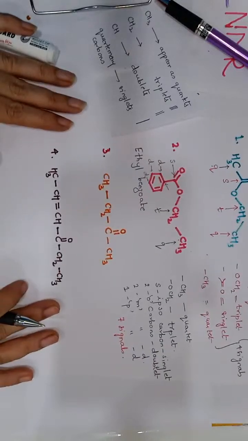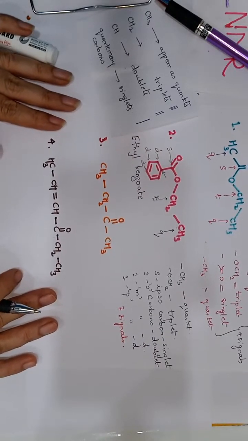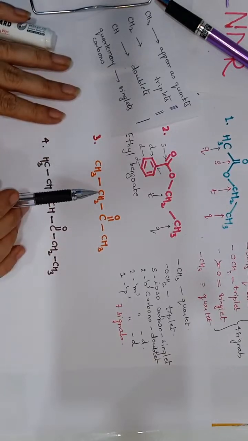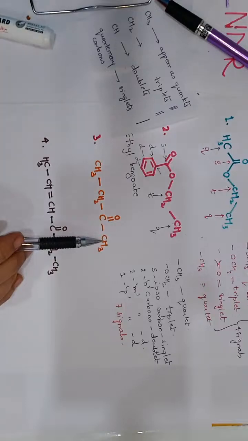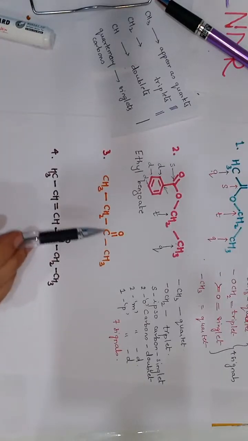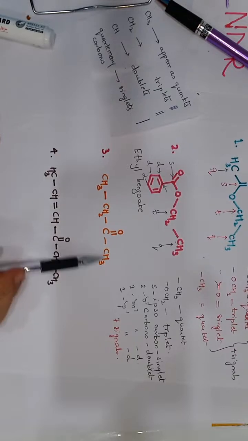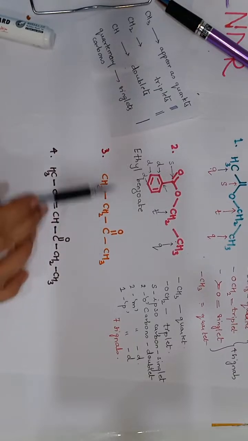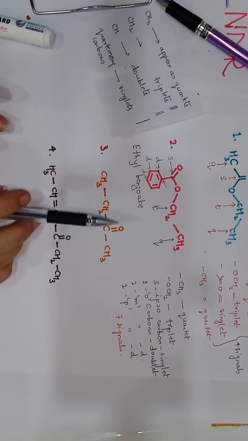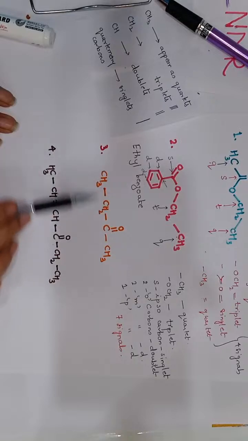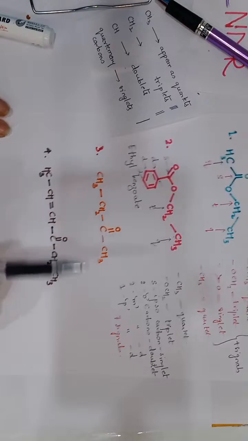Let us solve the next two. Write down the name of this first. 1, 2, 3, 4. The carbonyl is attached to this carbon. This is methyl and this is ethyl and this is a ketone. So you can say ethyl methyl ketone.